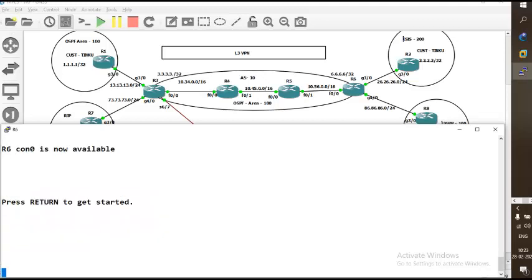Whenever you have a VRF, the VRF routing table has only the interface connecting the neighbor. So it will source all the BGP packets from it. That is why we go under address family IPv4 VRF and activate the neighbor.